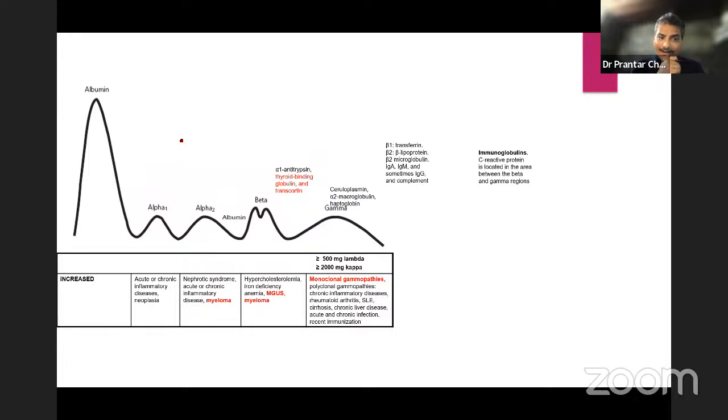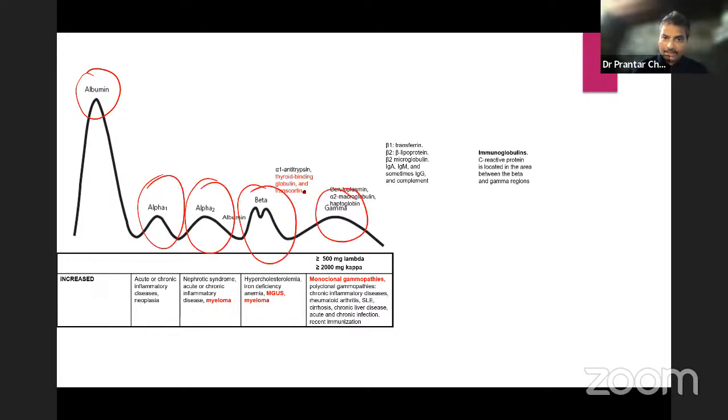So, what are the usual main proteins which can be seen? Obviously, albumin is the most important, and you have bands which have been named after the Greek letters. So, alpha 1, alpha 2, beta, and gamma, right? And I have just mentioned that these are the things which can happen in abnormalities in diseases.